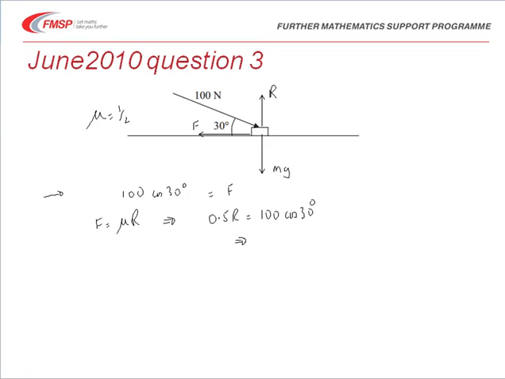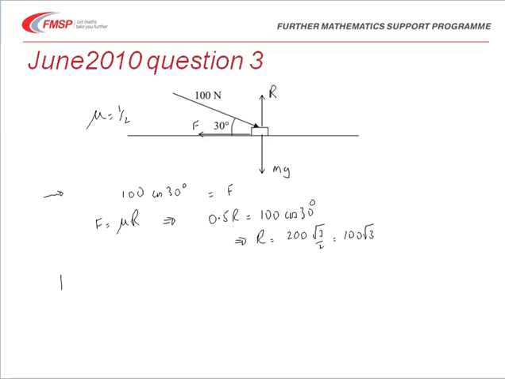And multiplying through by 2, this means that R is equal to 200 cosine of 30. Cosine of 30 is root 3 over 2, so that gives us 100 root 3 for R.